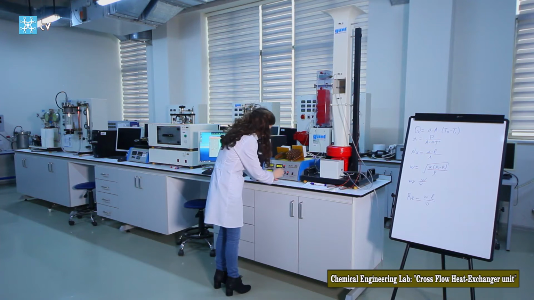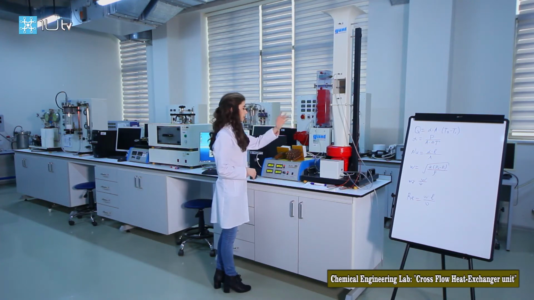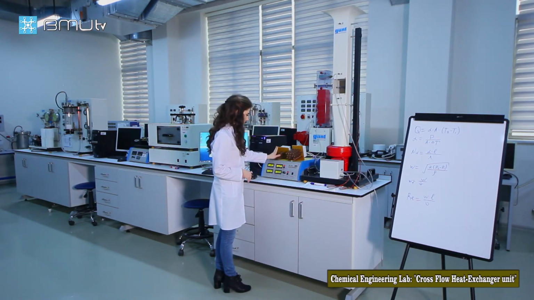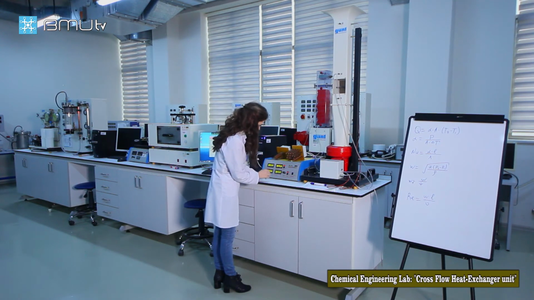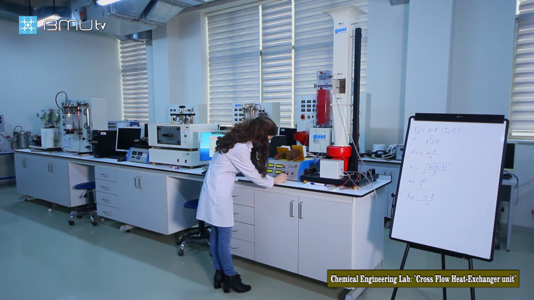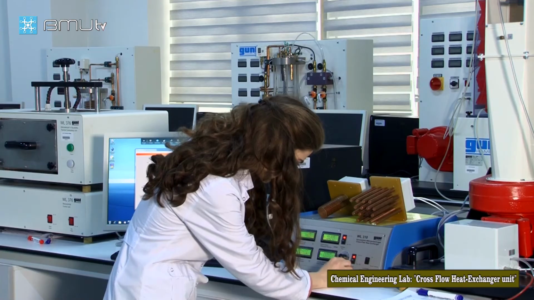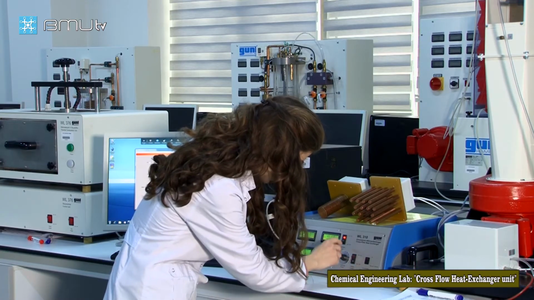So now let's switch the heater elements to another type, to finite pipe. For this we need to put this power to 0. And then we'll switch the heater off.